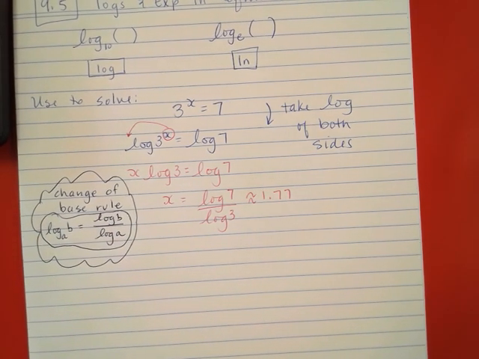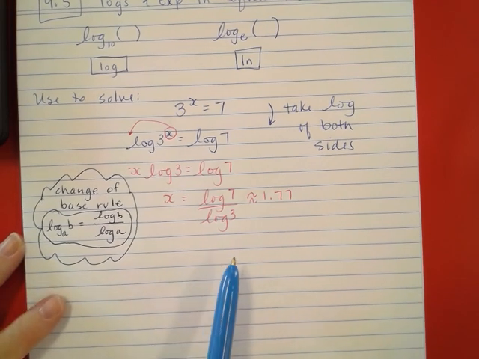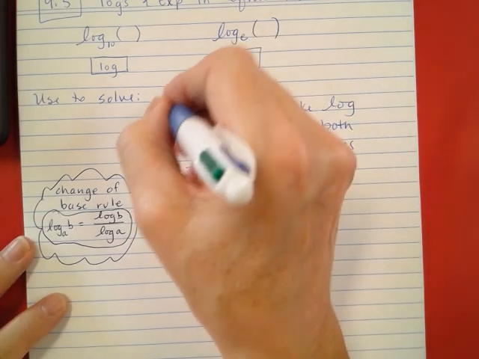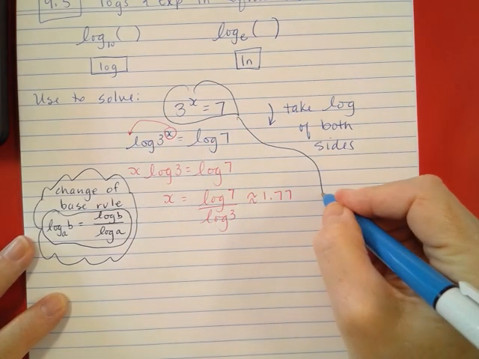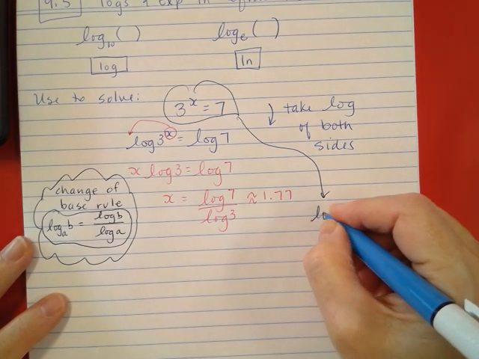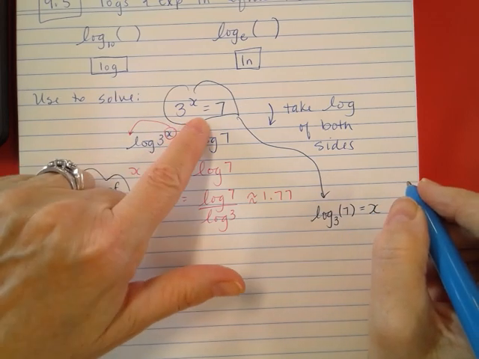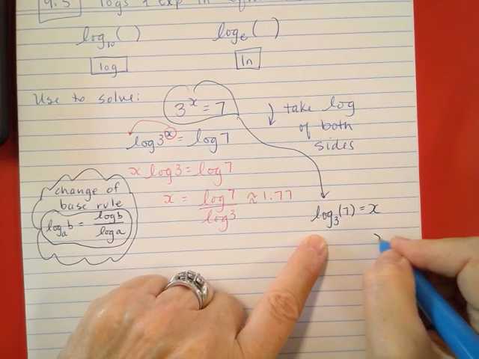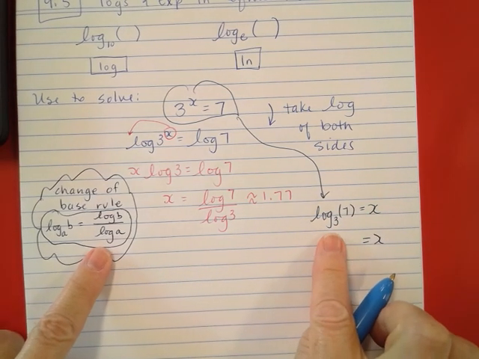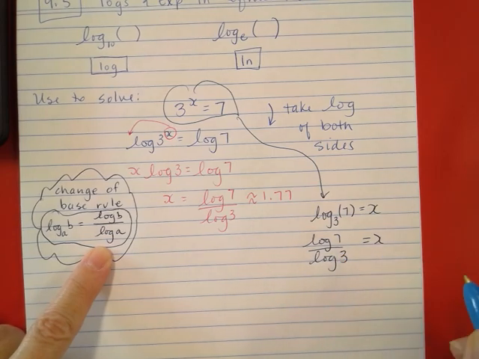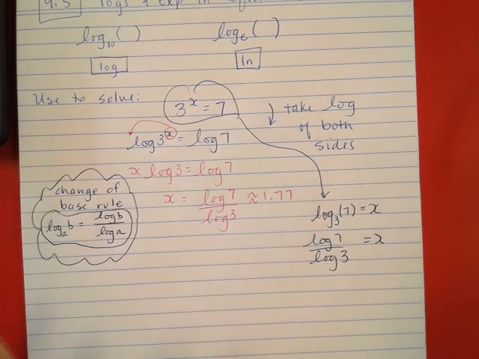It really doesn't come up until year 12, so I don't want you to worry about it, but you can see that rule right here, that if I had rewritten this using the big rule as log base 3 of 7 equals x, going from exponential to log form, I could have used the change of base rule right here and said, oh, that's just log 7 over log 3. Okay, so there's lots of different ways to approach these problems.